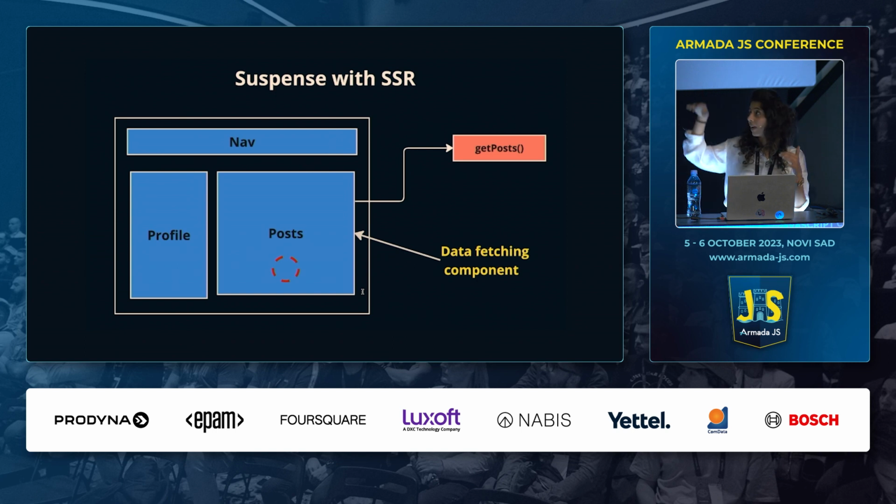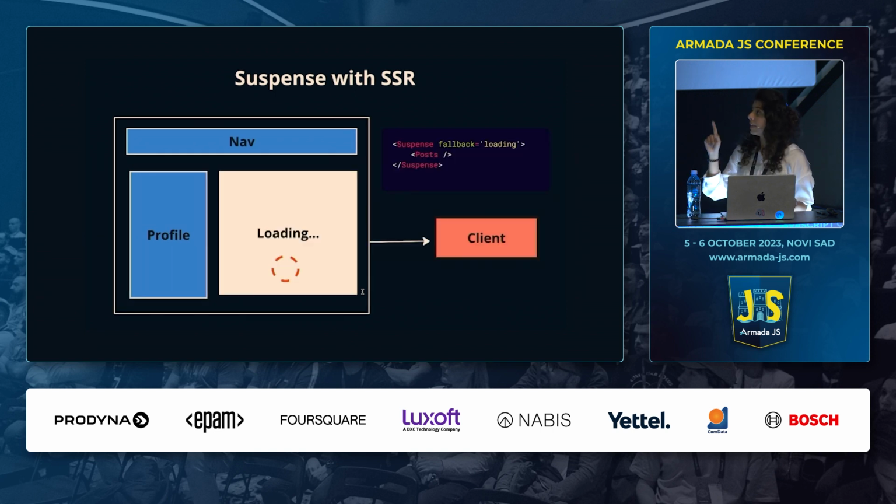Till the entire page is ready, the server is not able to send the page to the client, right? So instead, what can be done here is that we can wrap this component in Suspense and send the page with the loader. So we don't have to wait for the post component to load completely and can simply send the page right away with the loader.